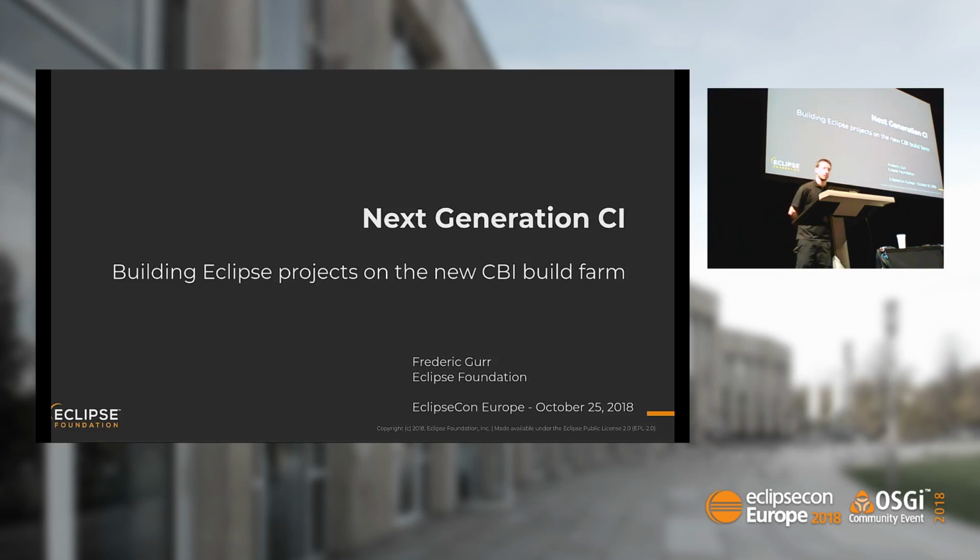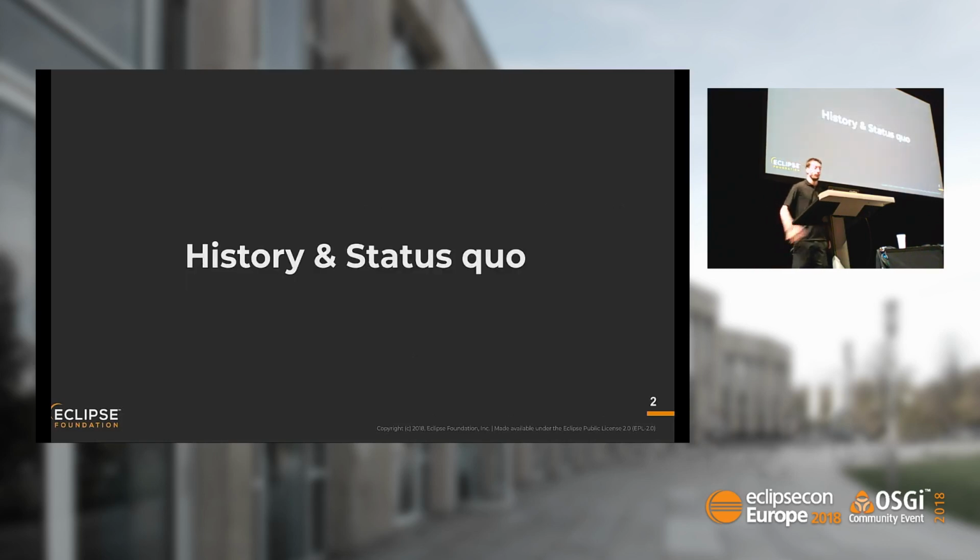And I'm going to talk about our next generation CI and how Eclipse projects will be able to build on our new build farm. So first of all, I'd like to give you a short view back in the history, where we started and where we are now.